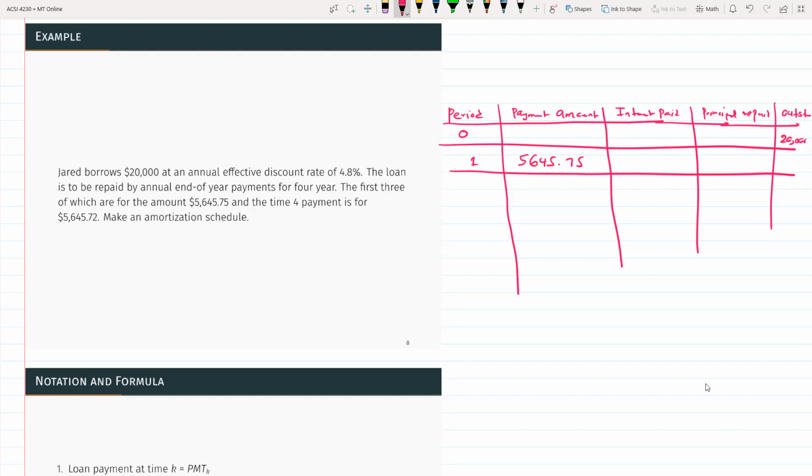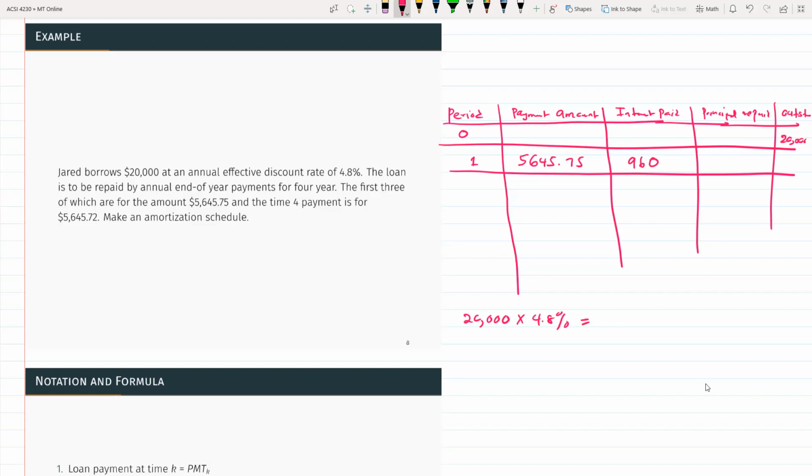Payment is 5,645 and 75 cents. How much interest do you owe? 20,000 at a rate of 4.8%. That would be 960. Then you apply the payment amount first to interest paid, then to principal repaid.